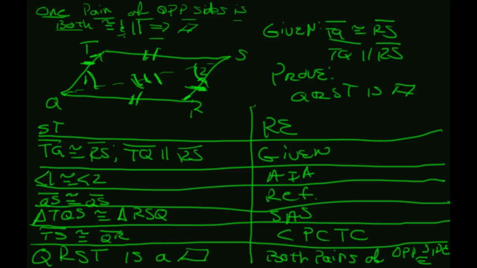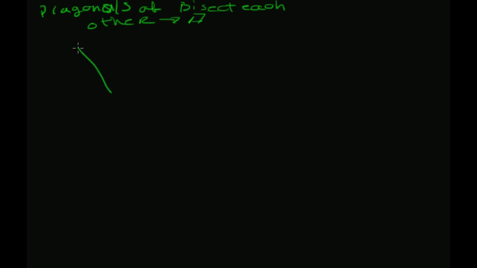We have one more. Okay, so this one says that if the diagonals of the quadrilateral bisect each other, then I have a parallelogram. So if the diagonals bisect each other, I have a parallelogram. So let's build a quadrilateral. Let's put its diagonals in.